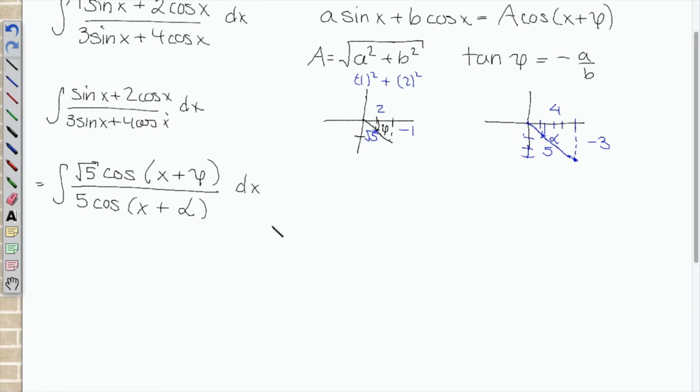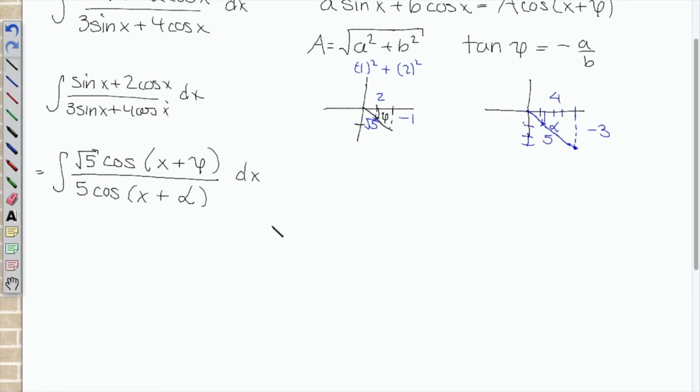Now that we've done this, we have it nearly in a form where we can solve the problem. The problem now is that we have two different angles in phase shift, and we have to fix that, and we can fix that by u substitution. If we let u equal x plus alpha, we know that du will equal dx immediately.